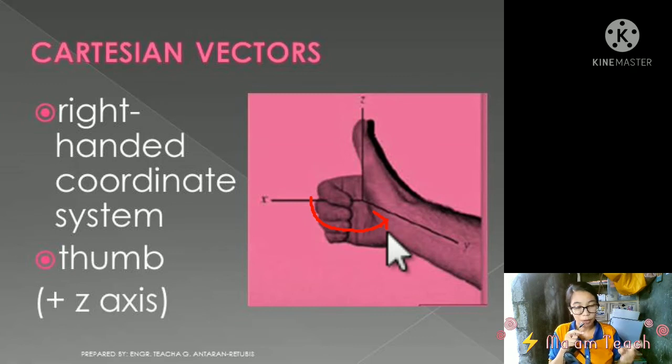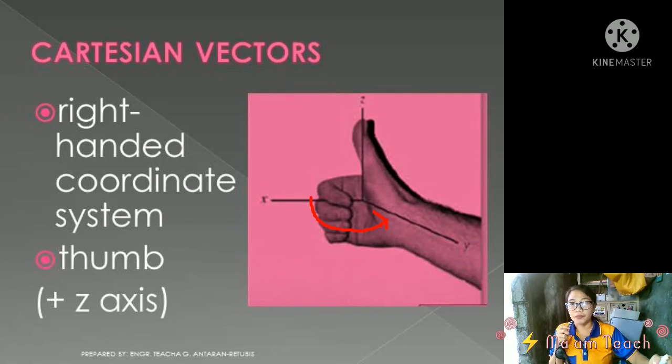Maybe the book uses a different convention, and if you are the one solving, your answer might differ when you submit or solve it. So you have to remember that this will be our reference axes as we go through our analysis of our problems.